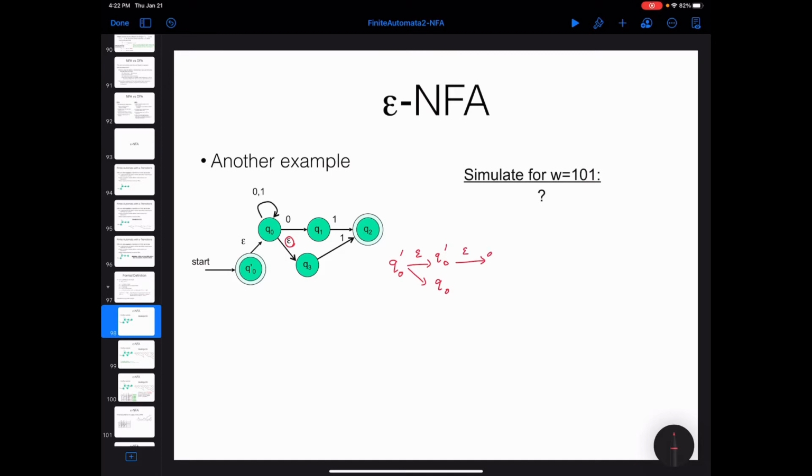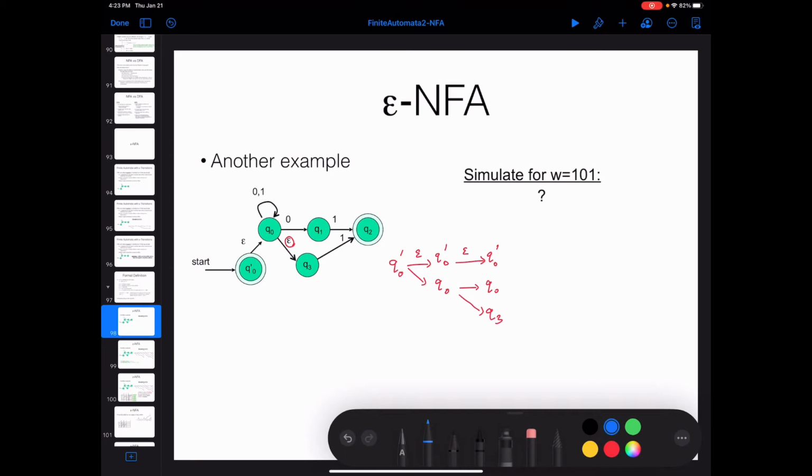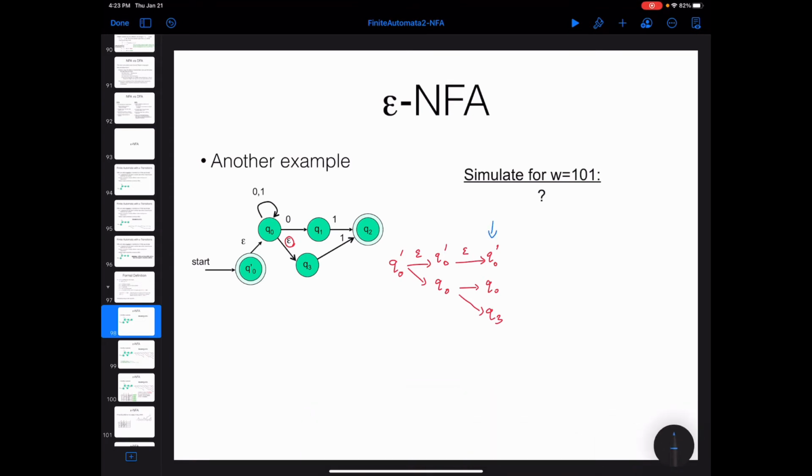So you can either start from Q0 prime, or stay at Q0, or move to Q3. It's just like I have 3 starting points here, and applying the epsilon transitions more is not going to give me more possibilities. If you look at this set, I have 3 possibilities as the starting states, right?